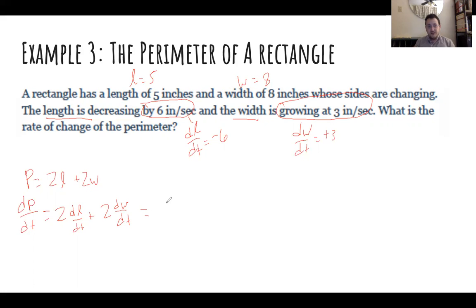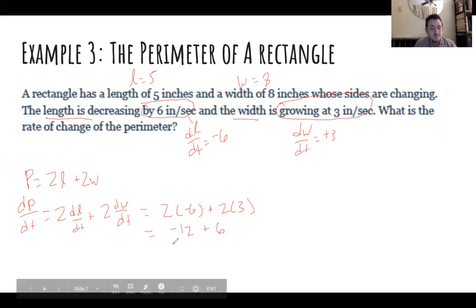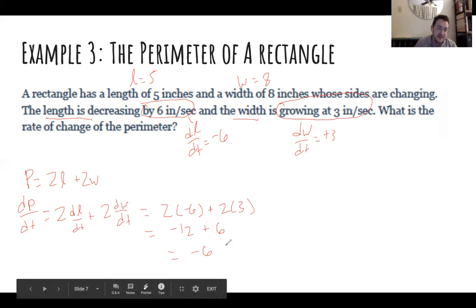Then I substitute in what I know: dL/dt is -6, and dW/dt is +3. Here we have two conflicting forces. The length is decreasing, but the width is growing. Let's see if this increases or decreases over time. So this would be slightly decreasing at -6 inches squared per second.